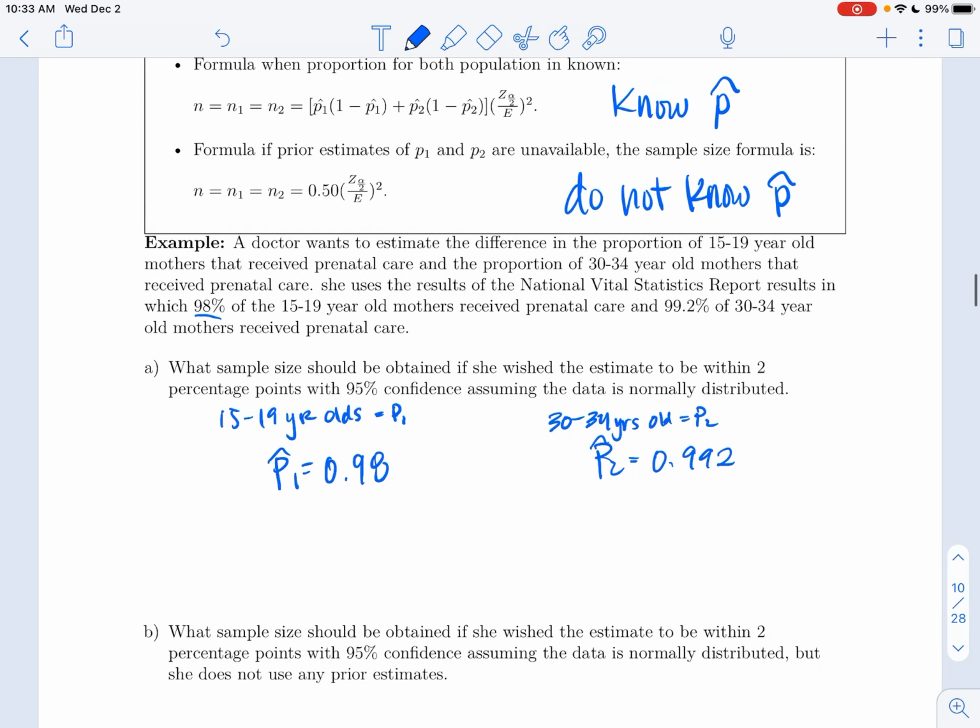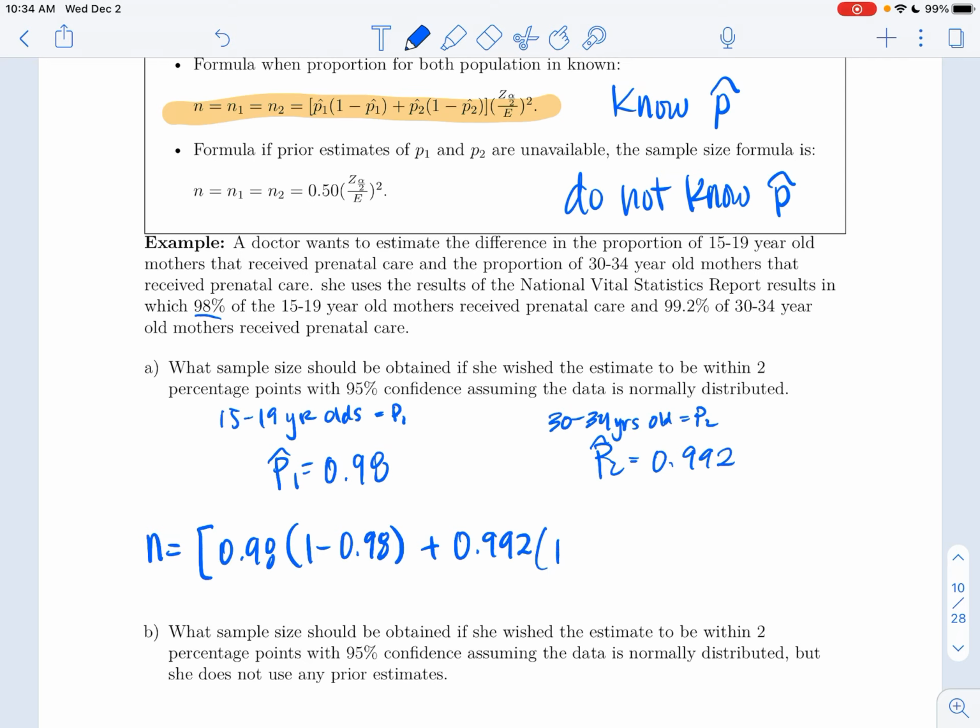And since it's known, I'm going to use this formula. So I'm going to say N is going to equal P1 hat, which is 0.98, times 1 minus 0.98, plus 0.992, times 1 minus 0.992, and then times Z alpha over 2 for a 95% confidence interval.